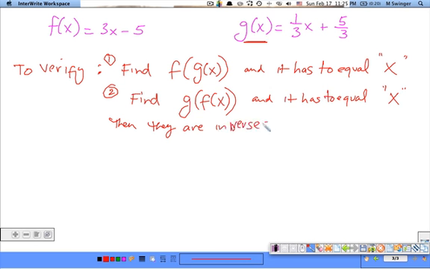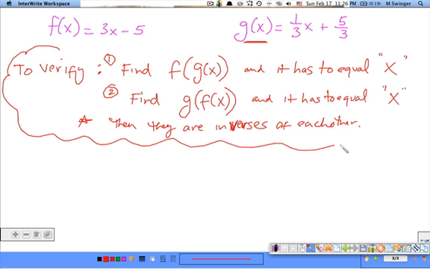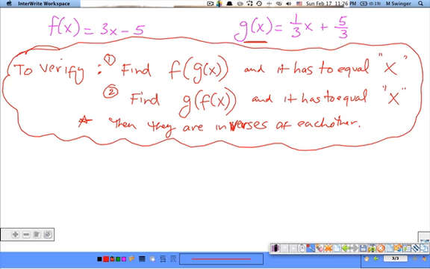Sorry, it's a little sloppy. Inverses of each other. This is the inverse of this, and vice versa. Okay? So this is all about verifying. Example 2, star that. This is what you need to do. Okay. Here we go. Let's do it.